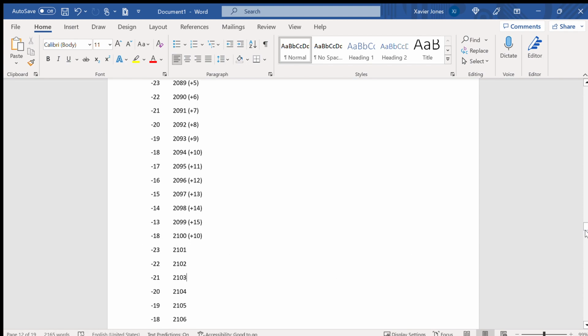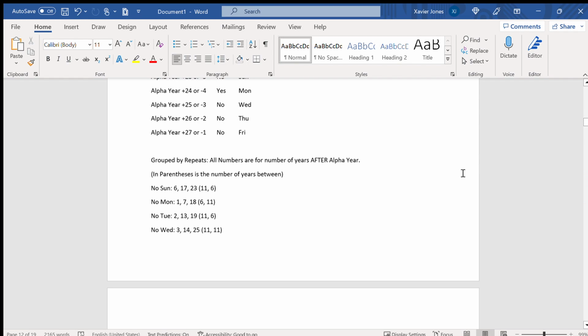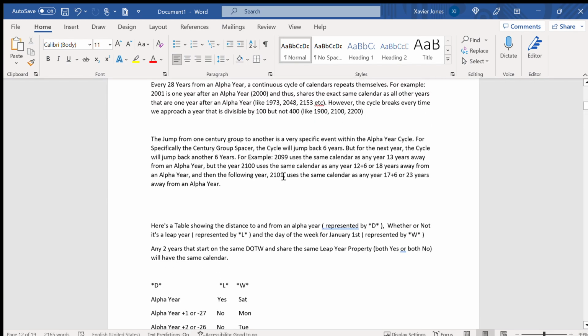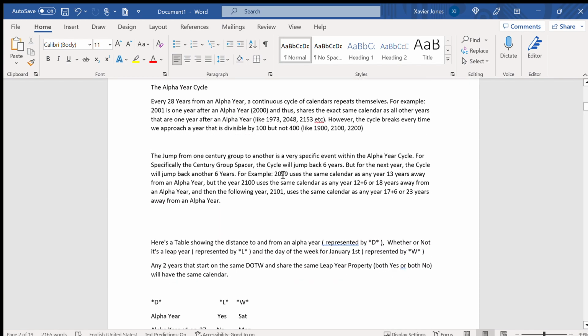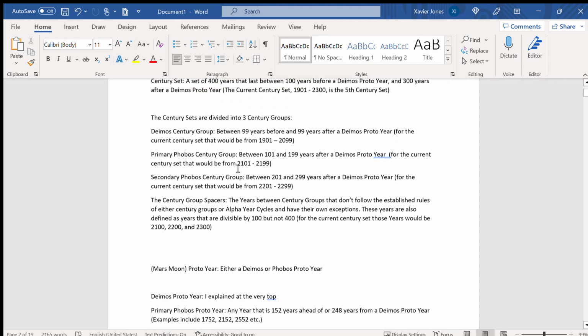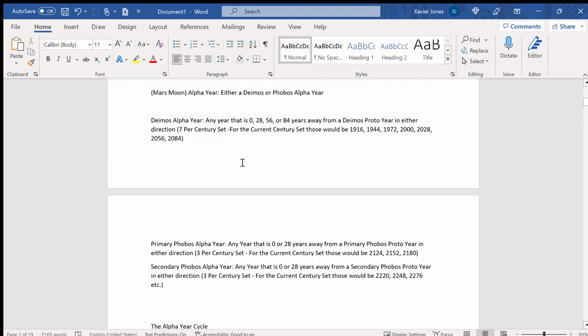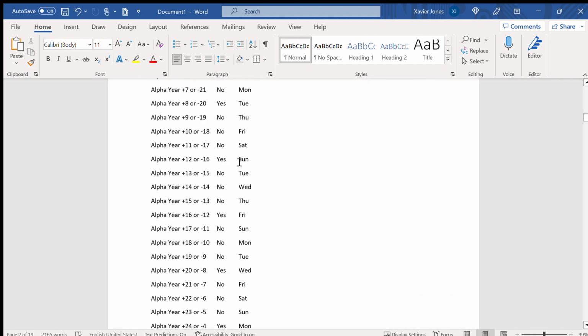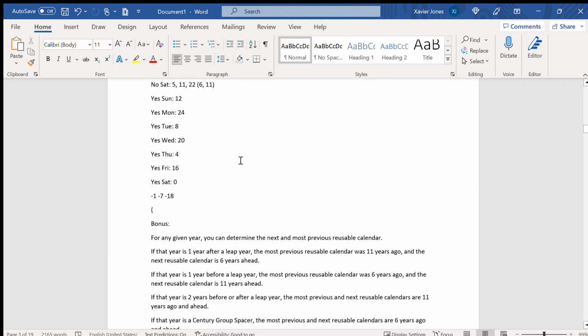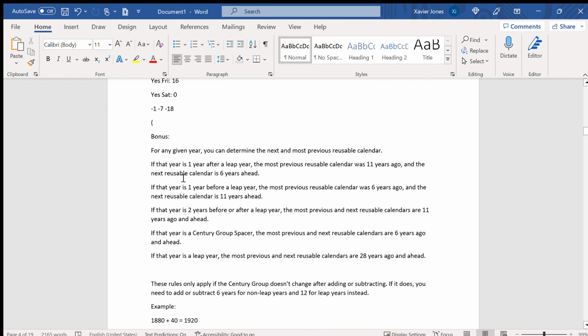So here's what I'm going to probably write down. I'm losing track of everything. I'm scrolling up and down trying to figure out where I am. If that year is 1 year after a leap year, the most previous reusable calendar was 11 years ago, and the next reusable calendar is 6 years ahead.